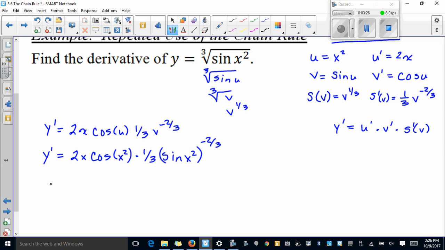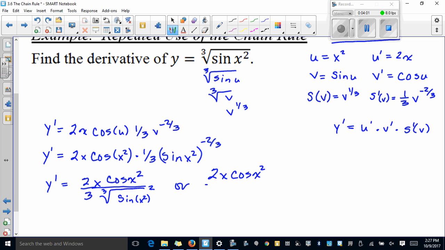So this is y prime equals 2/3x cosine of x squared, and this is in the denominator, so this is the cube root of sine of x squared, that whole thing there, squared, or some like to just leave it as the rational exponent.